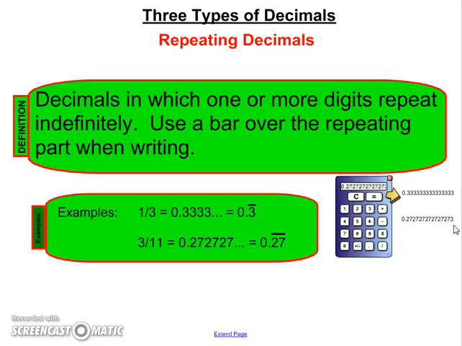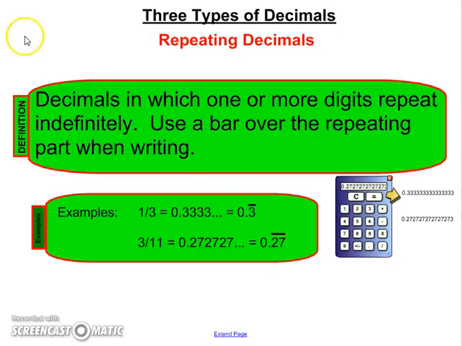This number does not end here. That's just as far as the calculator can take it. In actuality, it goes 27, 27, 27 forever, and it never stops. And so that's why we put, in this case, the repeating bar over the 2 and the 7.